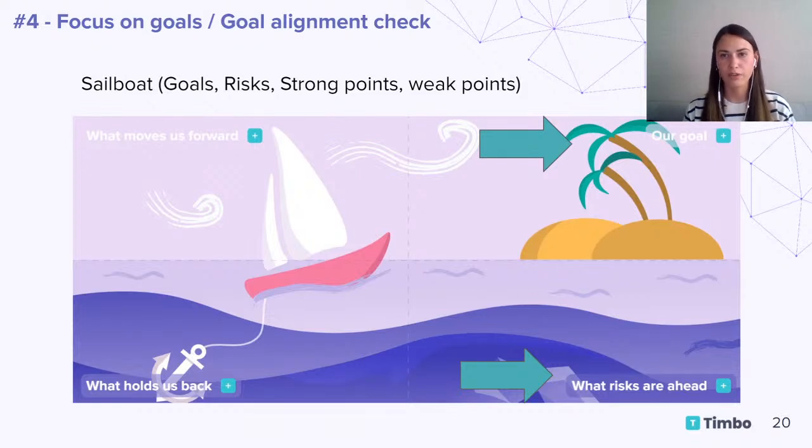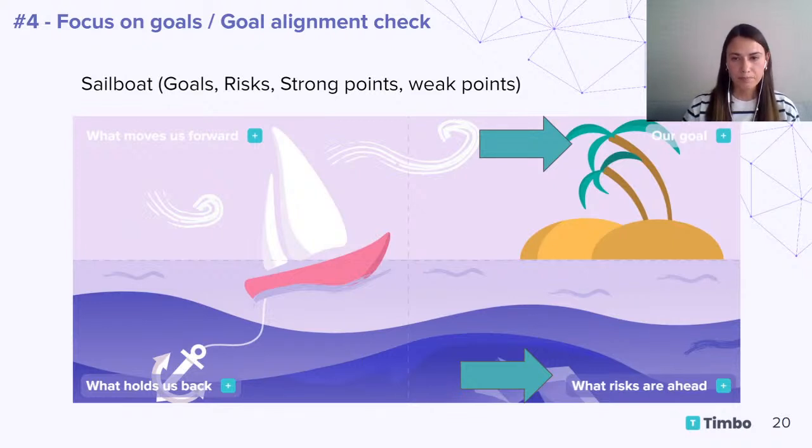That would be a great insight at this point already. Then it gives you the ability to check what moves you forward, what you are good at, and what's bringing you to the goal. Like, we are going at a good speed, so we are going to deliver that big increment in 3 months. So everything's right.